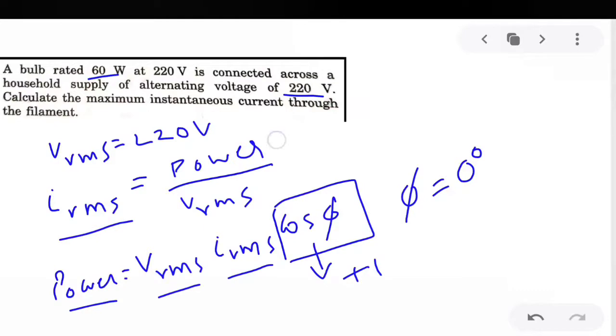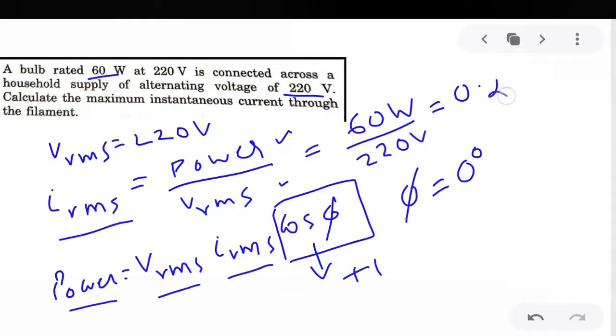So IRMS is equal to power divided by Vrms. Power is given to be 60 watt, and Vrms is 220 volt. So this is 0.27 ampere.